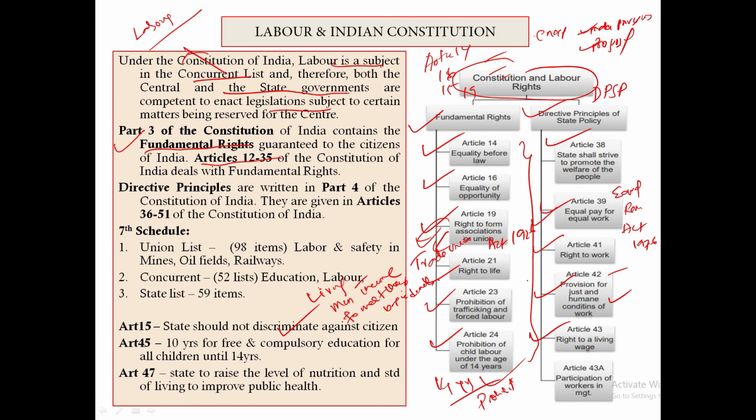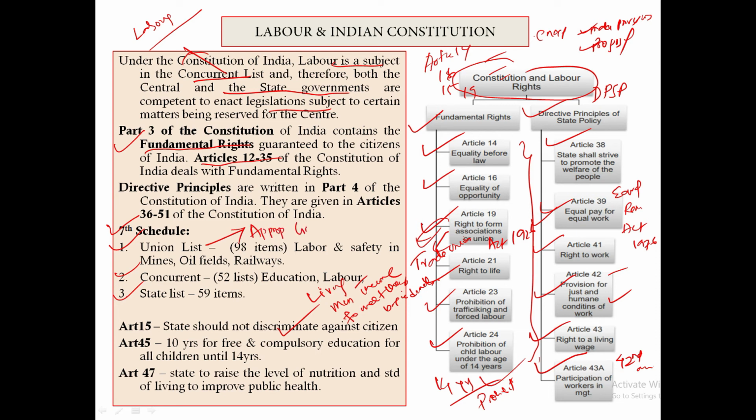Now again Article 43A, it speaks about participation of workers in management. Again this is also very important, and it was done in 42nd Amendment of Indian Constitution. Remember that. Now see, 7th schedule. I have already spoken this. There are union lists, concurrent lists, and state lists. When you say union list, who is the appropriate government?